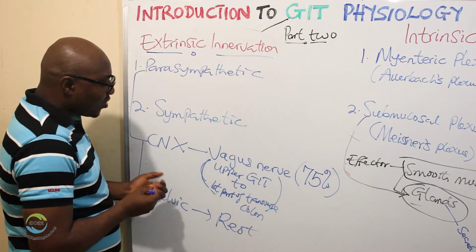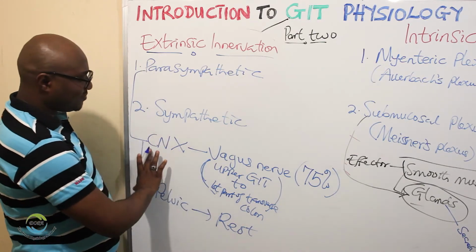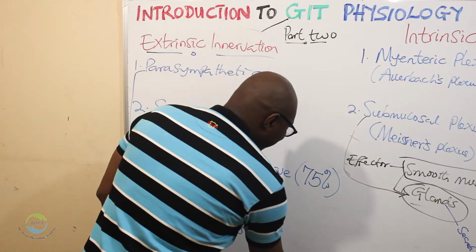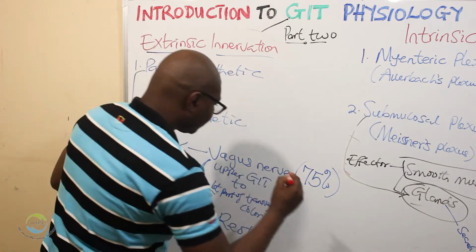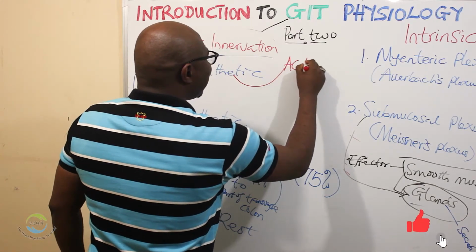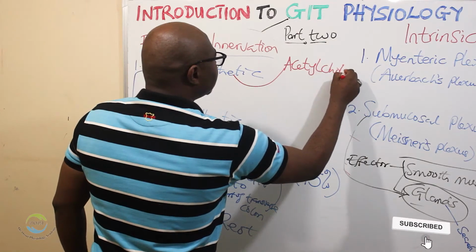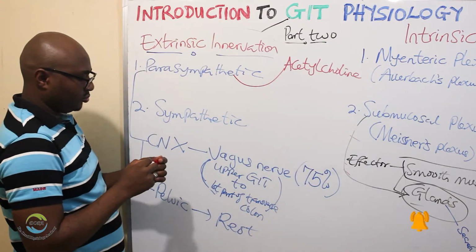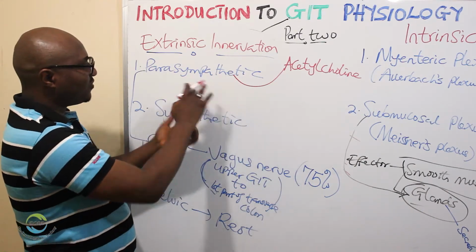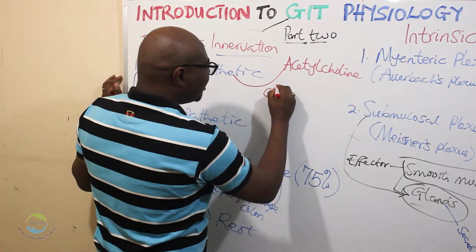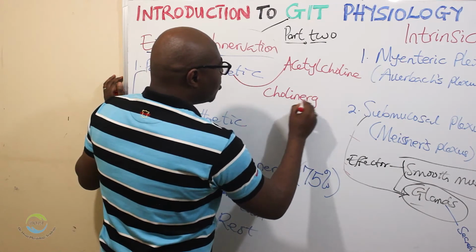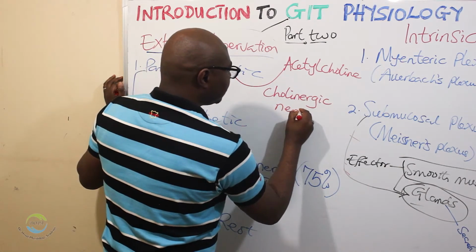Okay? So one of the major neurotransmitters of the parasympathetic is known as acetylcholine. To refer to the response of this parasympathetic, we can call it cholinergic. Cholinergic nerves.